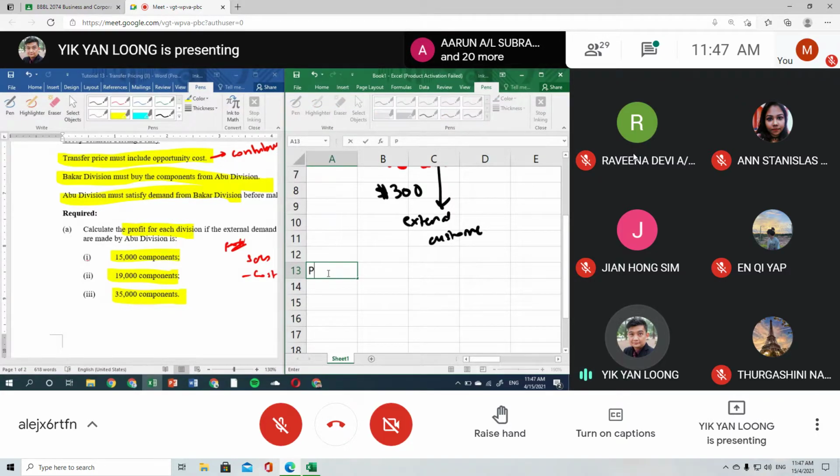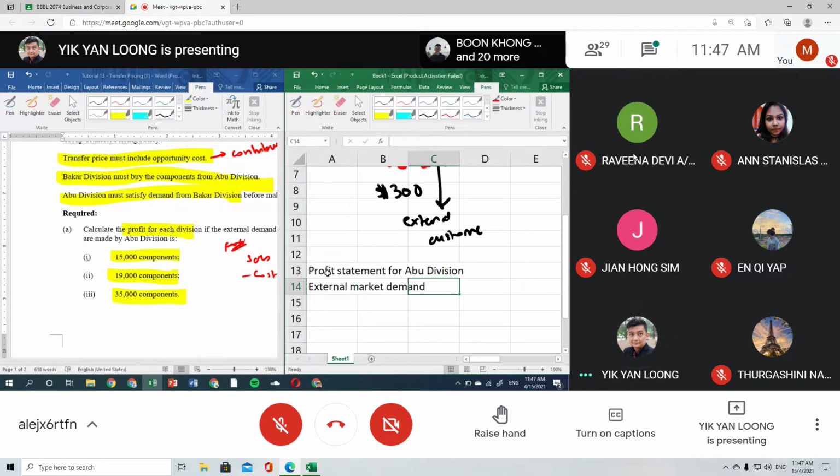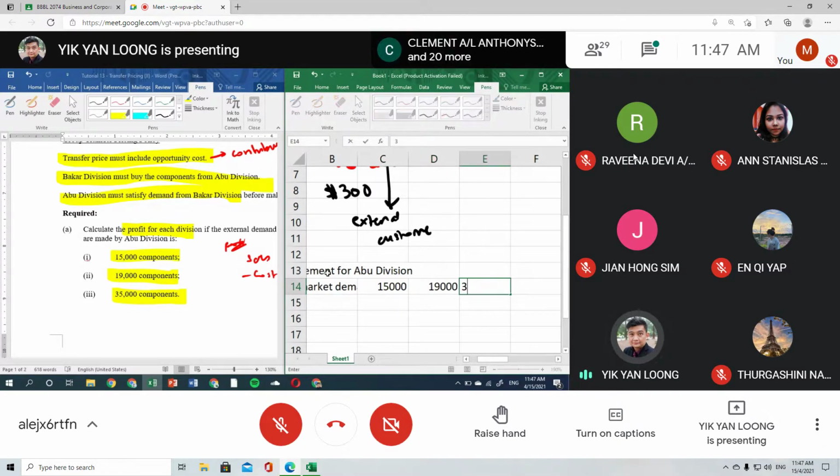So we have to prepare the profit statement for the supplying division. So we assume that the external market demand for the component is to be 15,000, and this is 19,000, and this is 35,000.